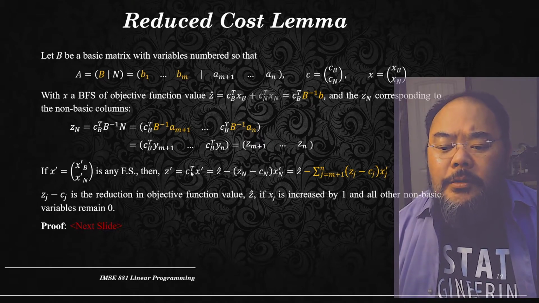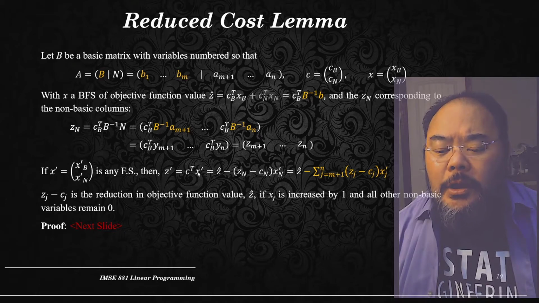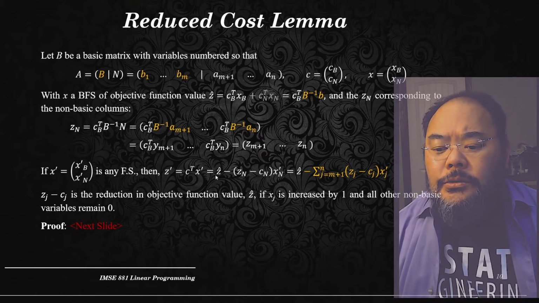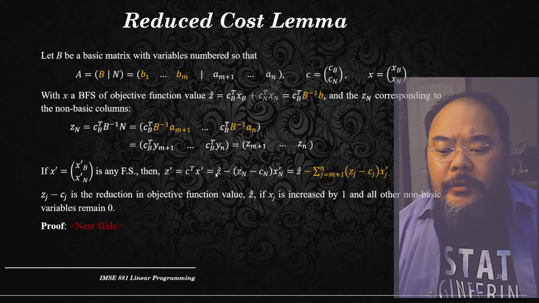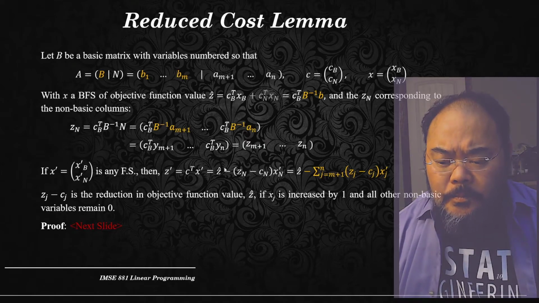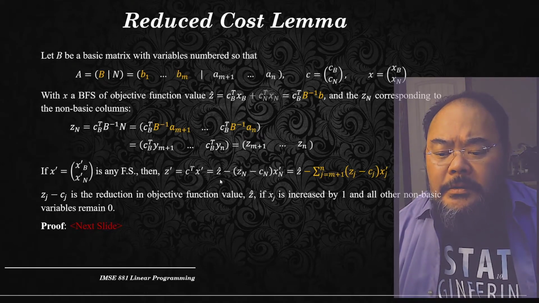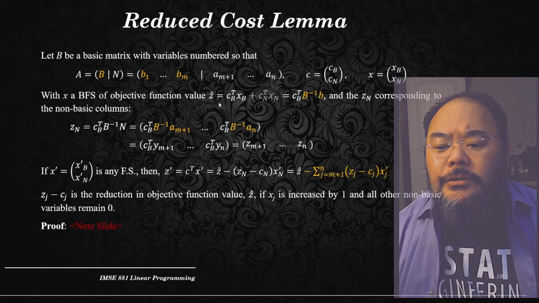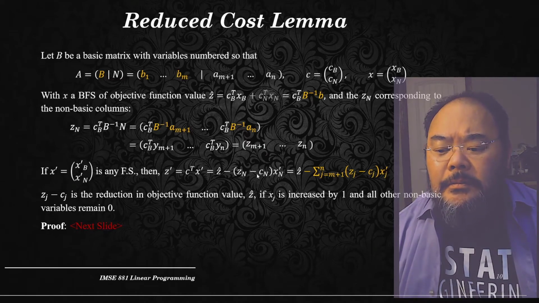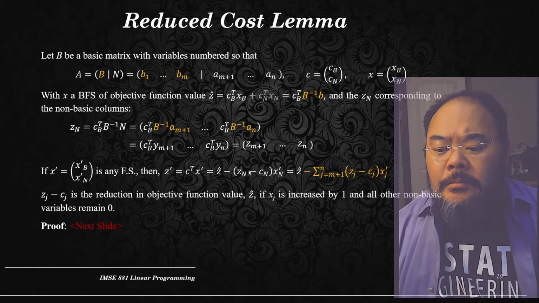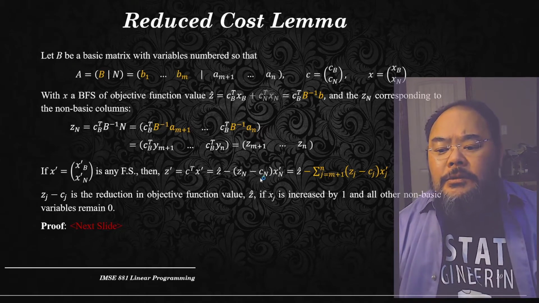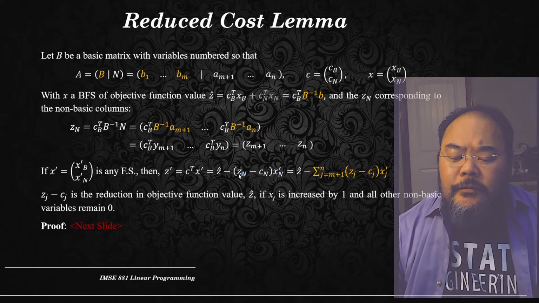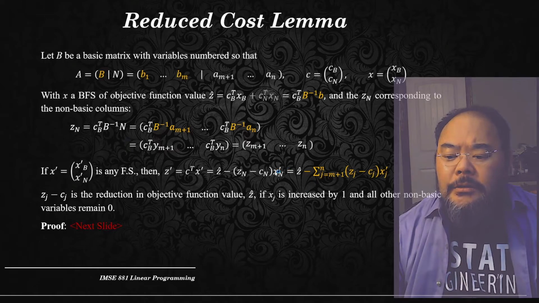The z prime equals c transpose times x prime, and equals the difference: the z hat, which is the original objective function, minus zn minus cn, times x prime. So whatever changes from the non-basic portion to xn comes into play.